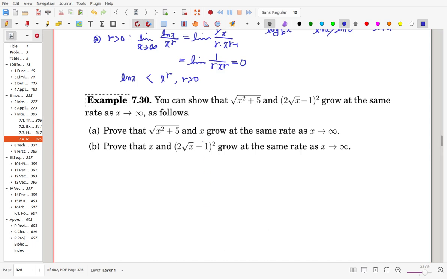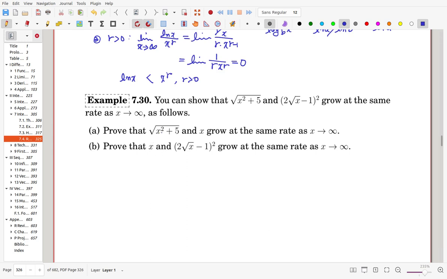In this example, even though it is simple, we'll show that we may compare the growth rates by using an intermediate function, which is very familiar.